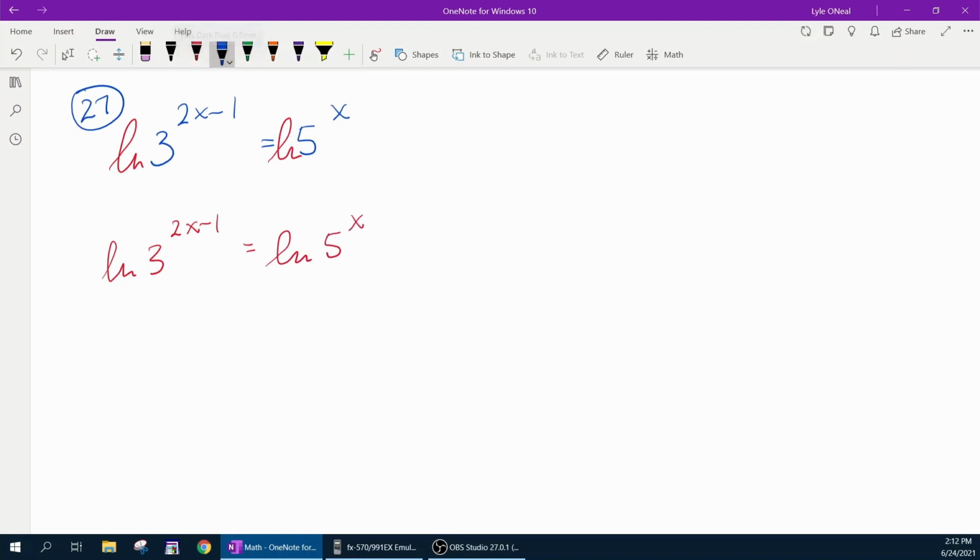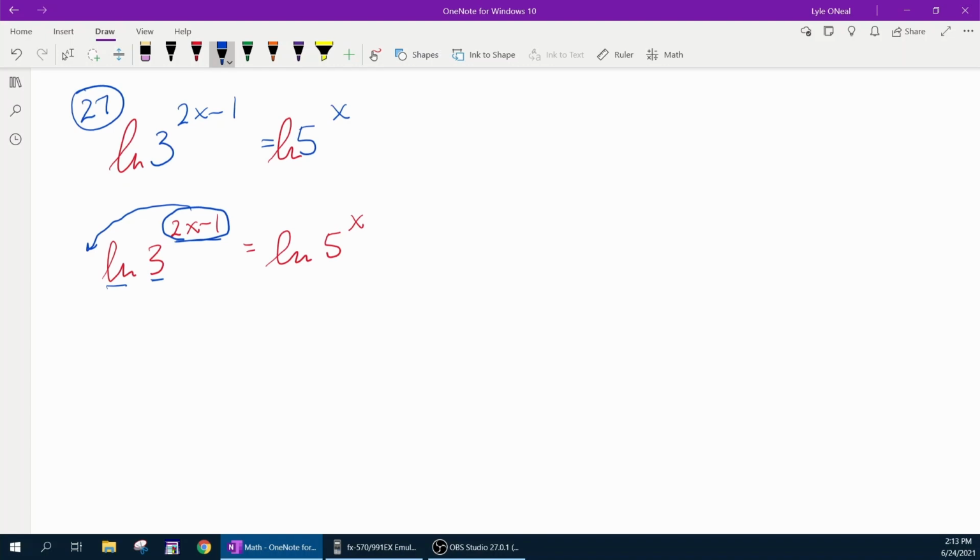And here is why this is useful. Now that I have the term in the form of a logarithm, I can now access the properties of logarithms. And one of the properties is the power rule, which says if I'm taking the log of something with an exponent, what I can do is I can bring that exponent down to the front, and it will become the coefficient of the log.